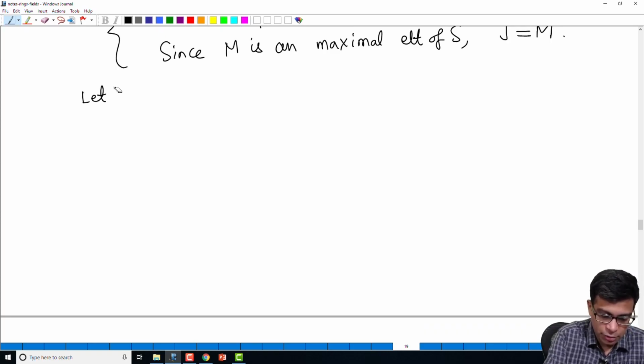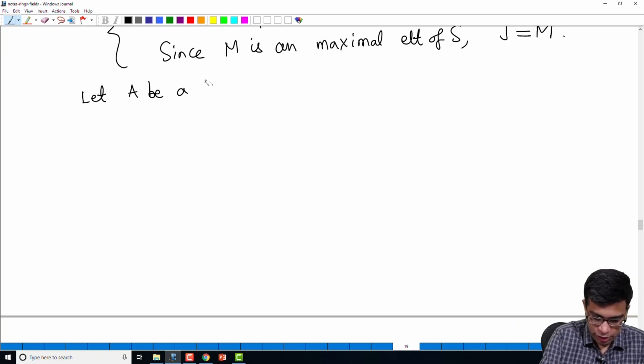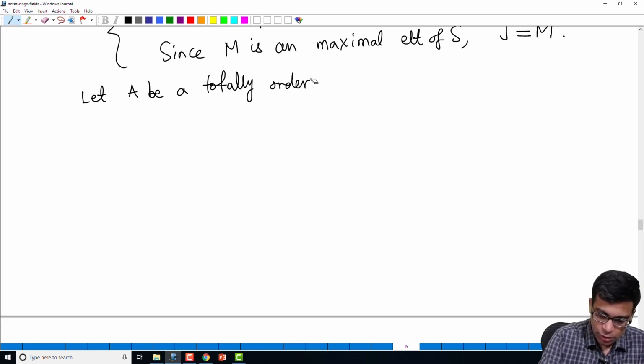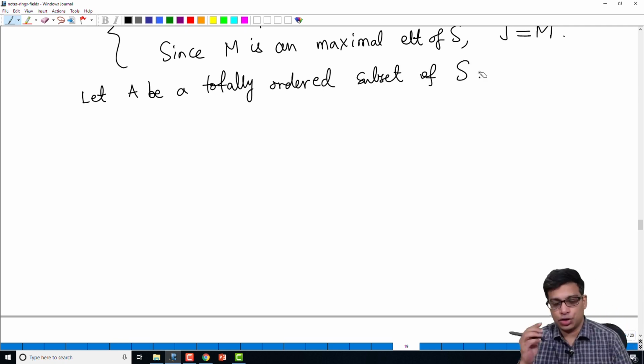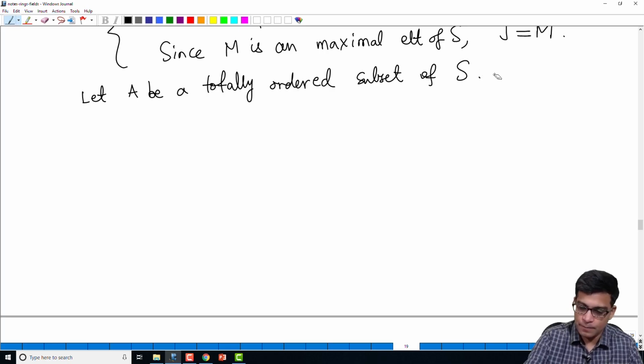Let A be a totally ordered subset of S. We want to show that A has an upper bound. Then we are done. Then Zorn's lemma says that S has a maximal element, and we argued that any maximal element of S is in fact a maximal ideal of the ring. So let A be a totally ordered subset of S.